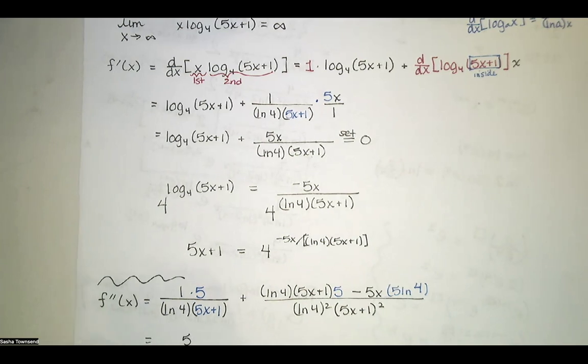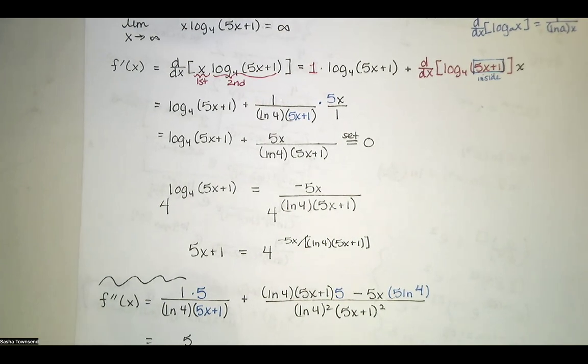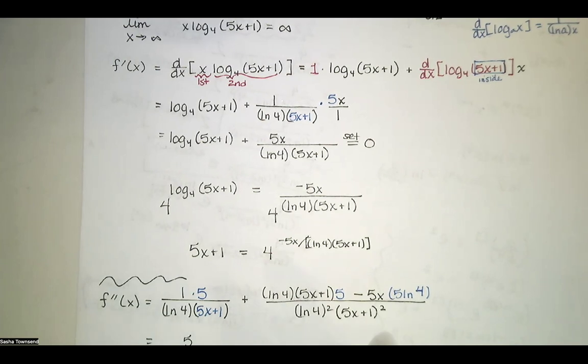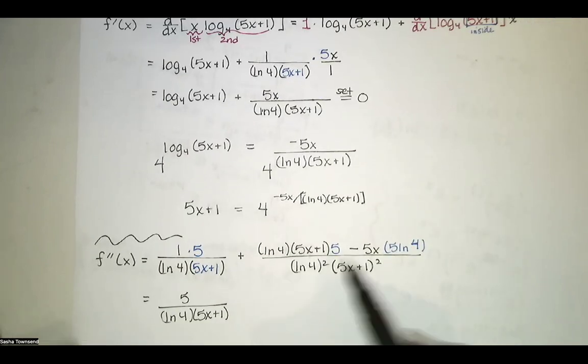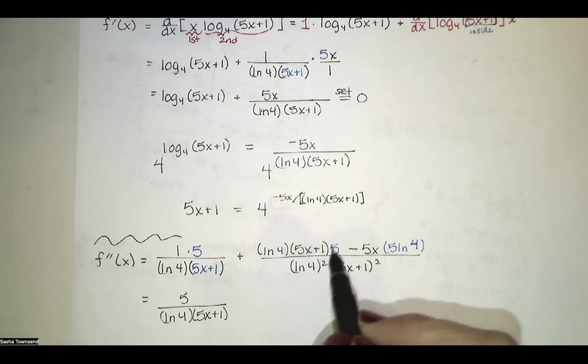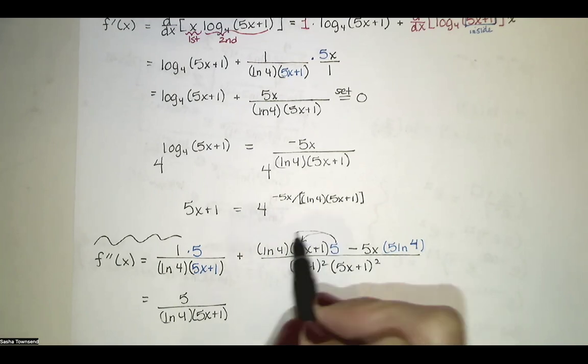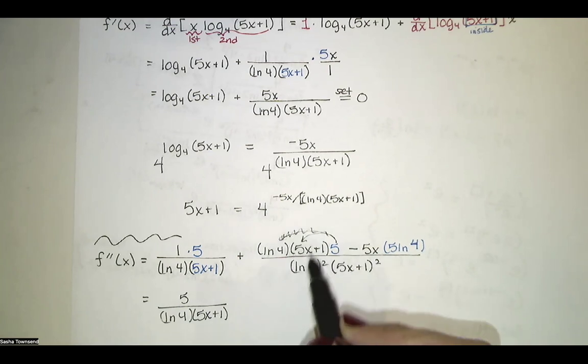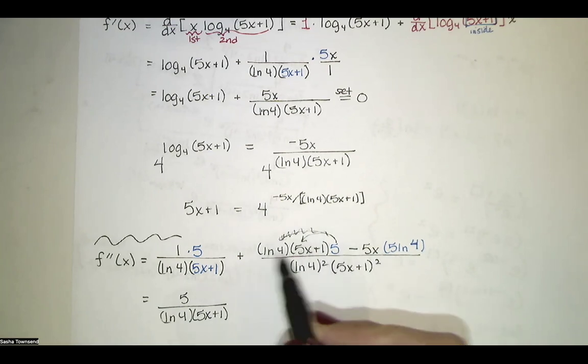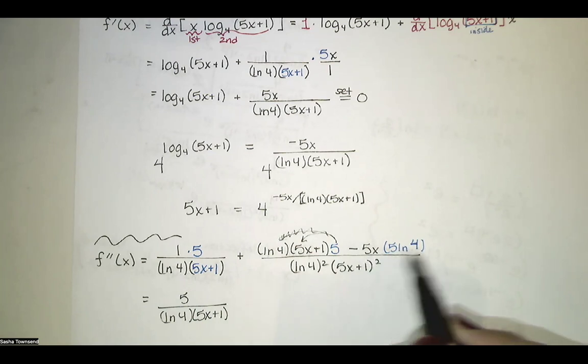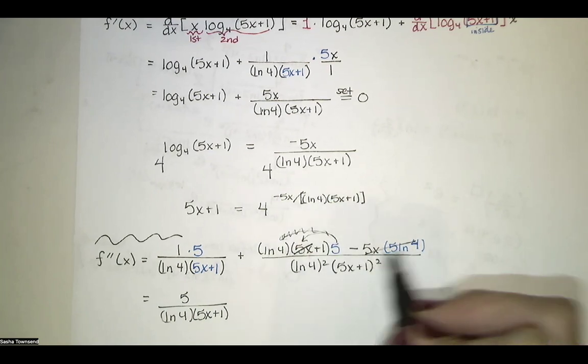So we end up with 5 divided by natural log of 4 times 5x plus 1. And then here, if we distribute this 5 times the 5x times the natural log of 4, well, it's actually only distributed once. 5 times the 5x is going to give us a 25x times the natural log of 4. That's going to cancel with this one. So this guy cancels with that.